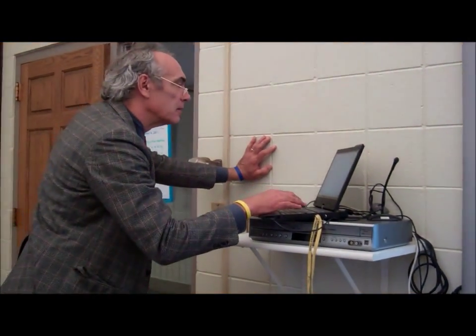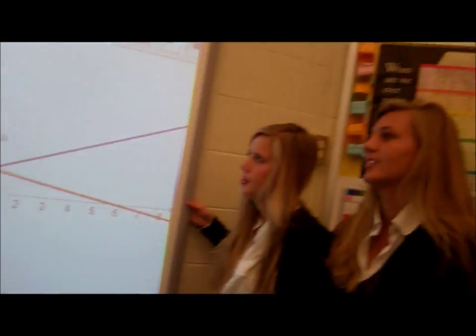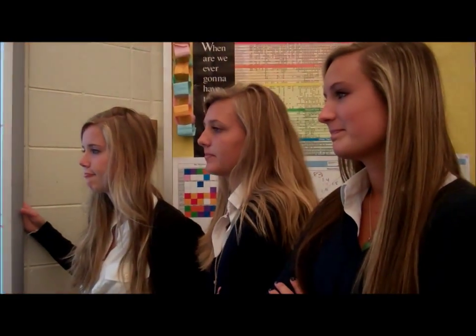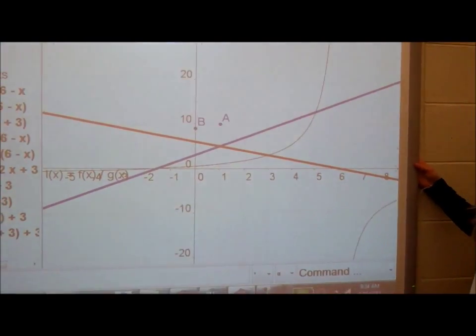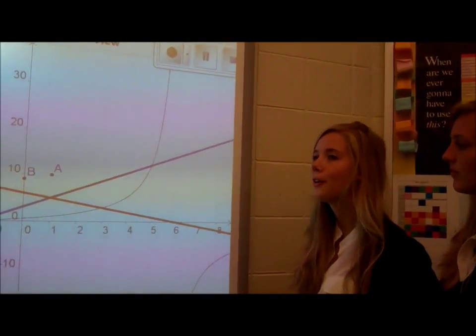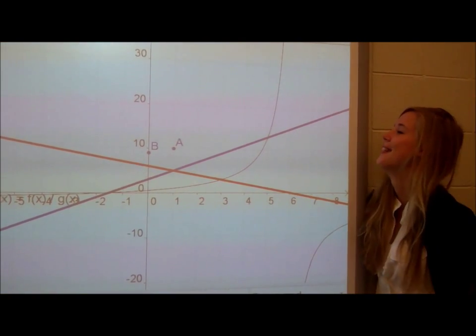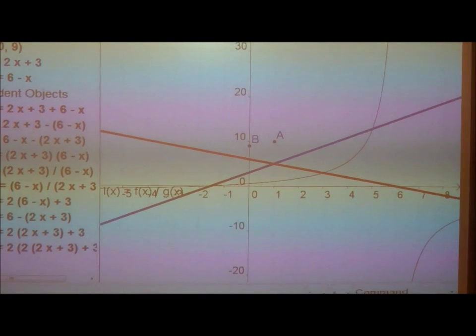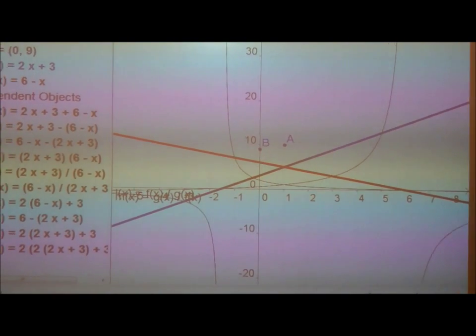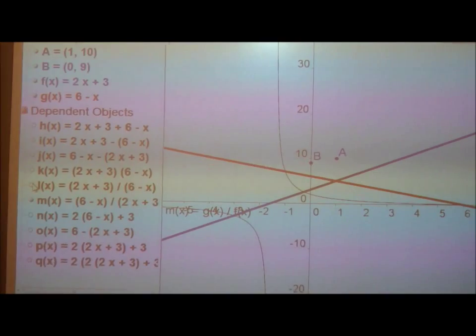It can't be 6. Sure enough, can't be 6. And that's a vertical asymptote. What if we just divide the other way, though? Much different function if you divide the other way. All right?